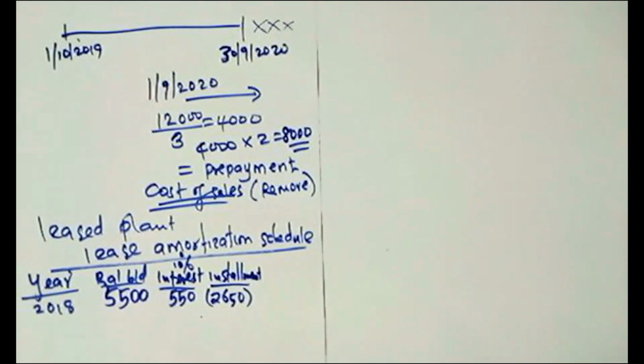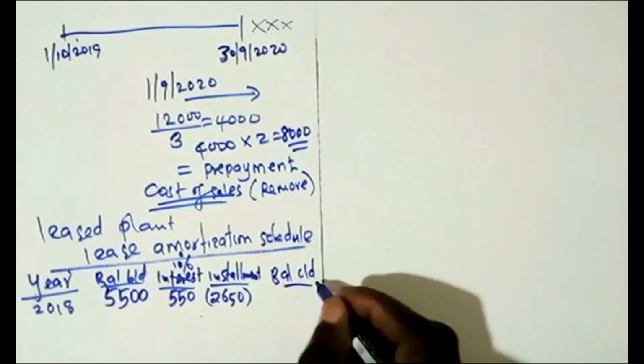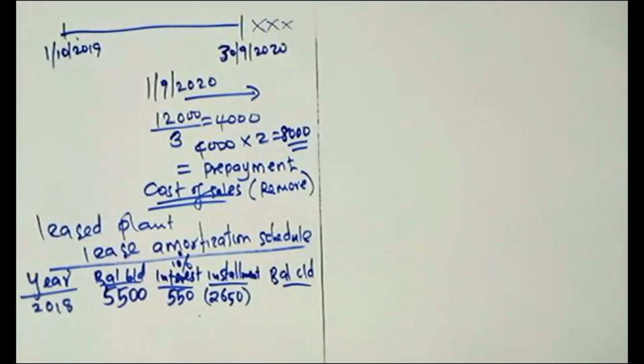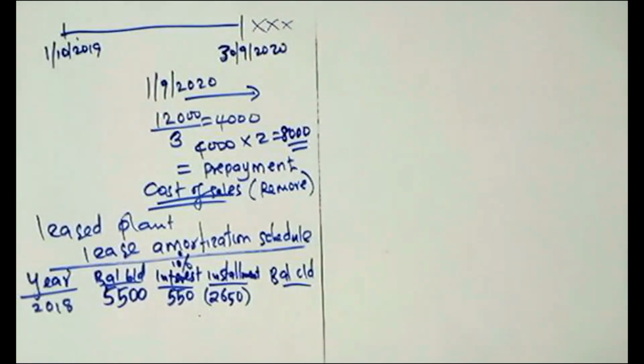So which means that the balance at the end is, so balance carried down. So when it is in terms of arrears, you always start with the interest, then you consider the installment. So you take 5,500, you add 550, you minus the 2650.